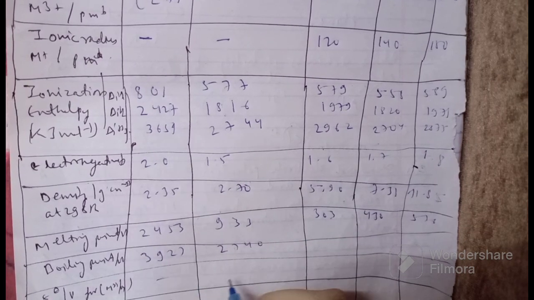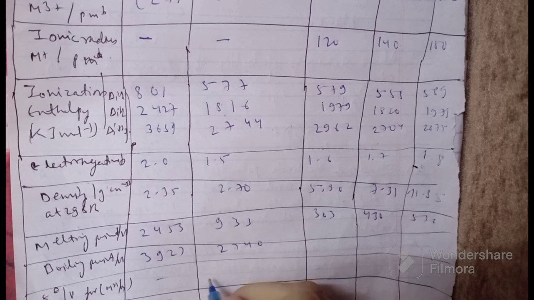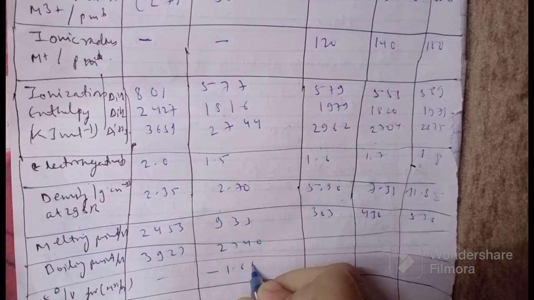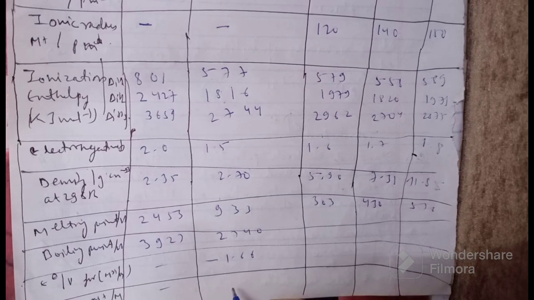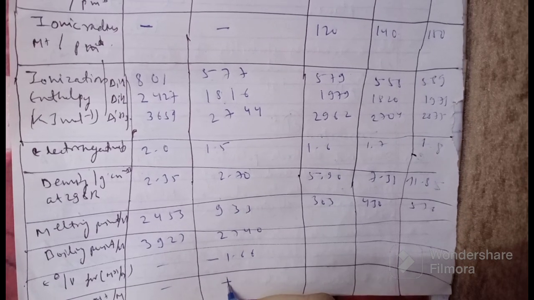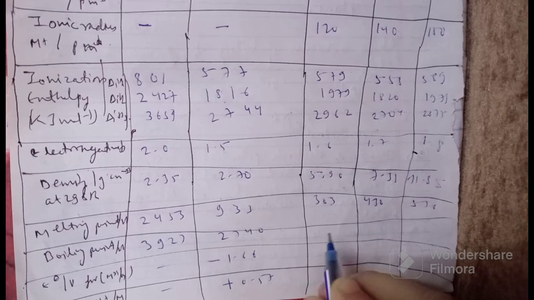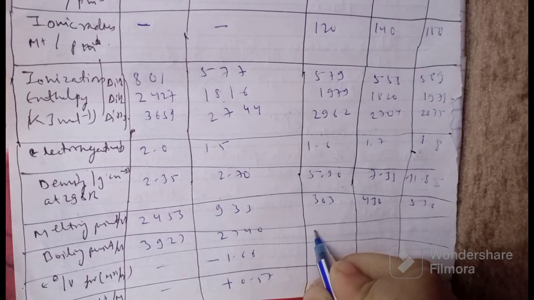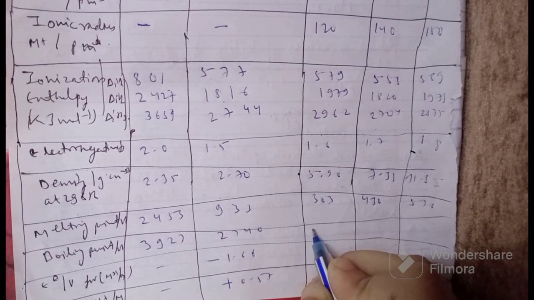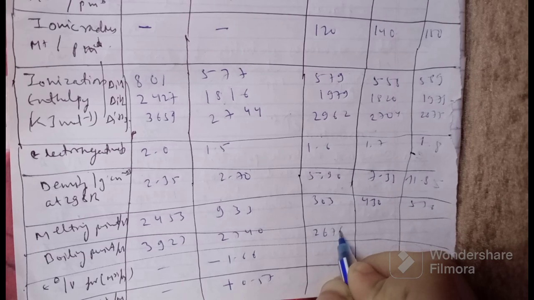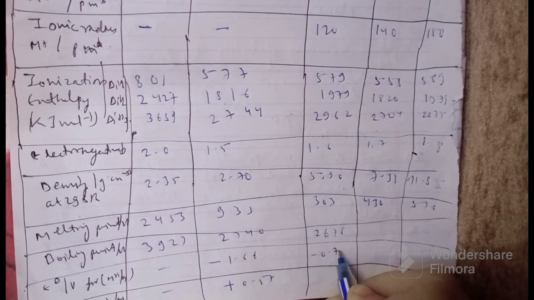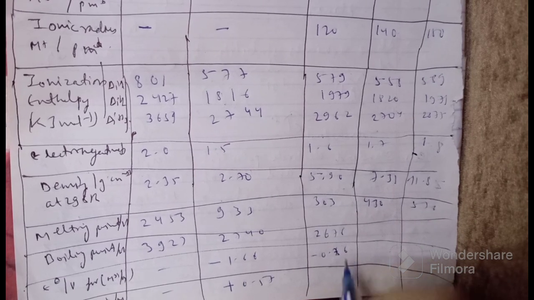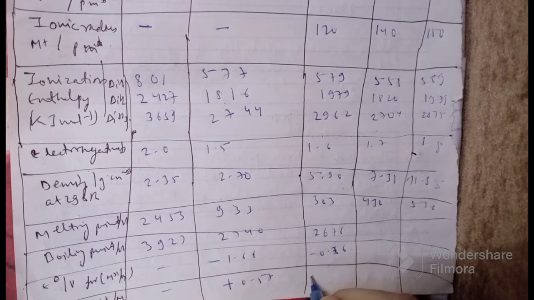Then 2740, and for M3+/M it will be minus 1.66. Okay, I think it has been visible. Yes, it will be plus 0.55, and the boiling point will be 2676, minus 0.56, even though with a minus sign.